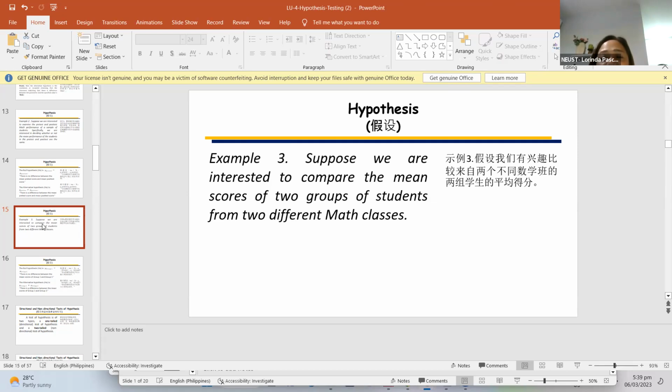Pag merong difference yung performance in mathematics test ng section 1 at section 2, ibig sabihin hindi sila magkamukha. Yung level of siguro intelligence nila with respect to this subject mathematics ay hindi magkamukha, magkaiba sila. So yung merong mas mataas na score, yun yung mas matalino with respect to mathematical test.